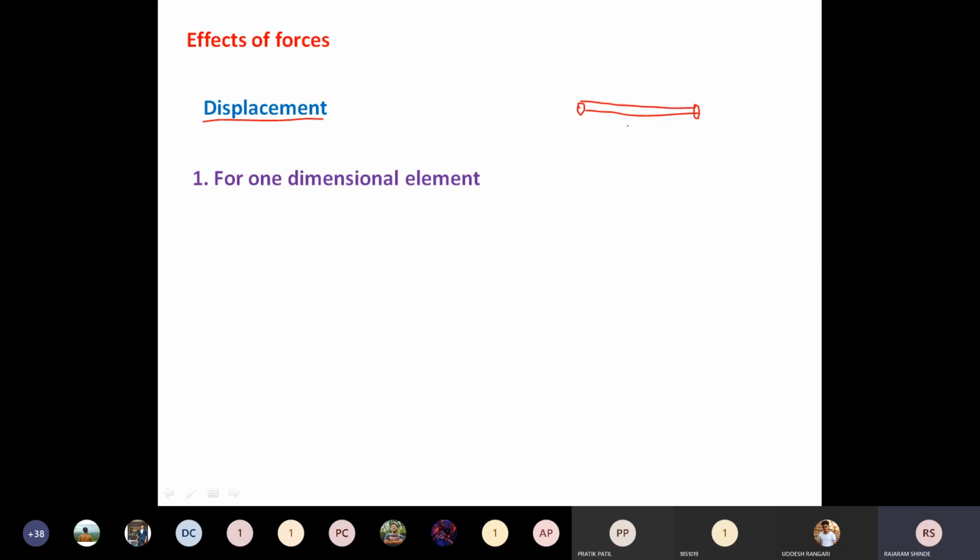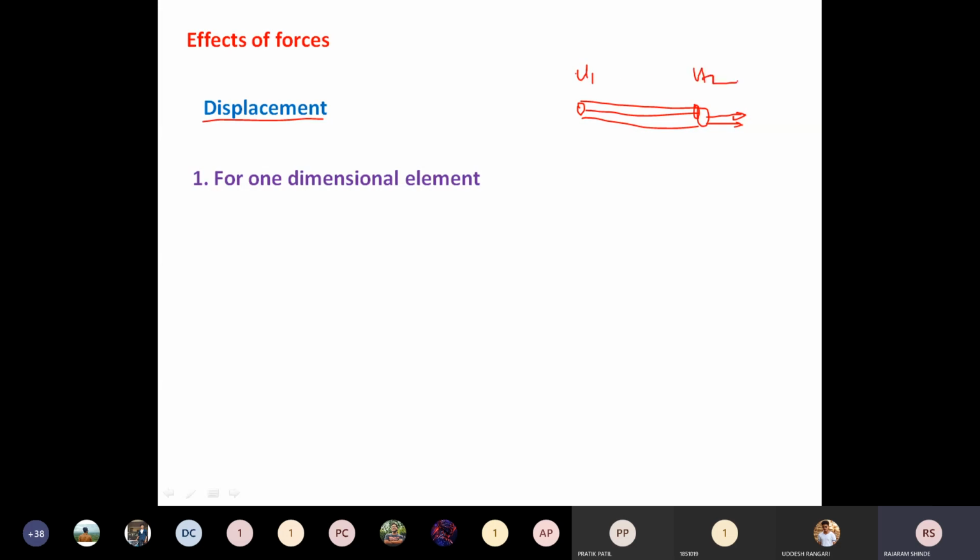If we consider the three dimensional view of the element, it is like this. Now, if I apply pressure here, then it will create the displacement of the nodes. There are two nodes and you have two displacements, u1 and u2.